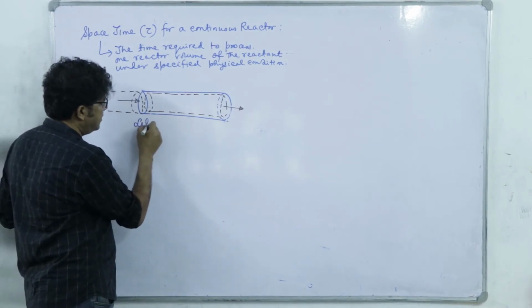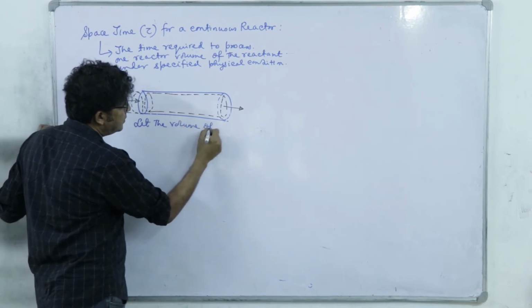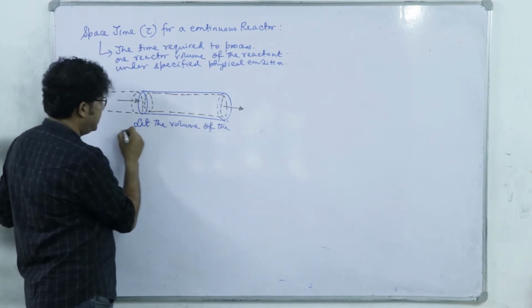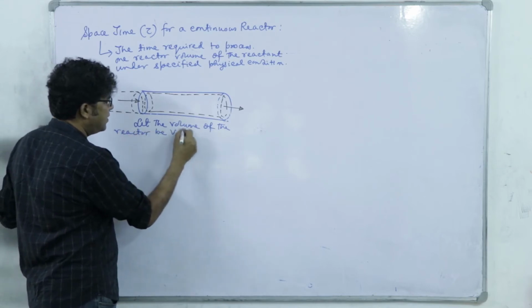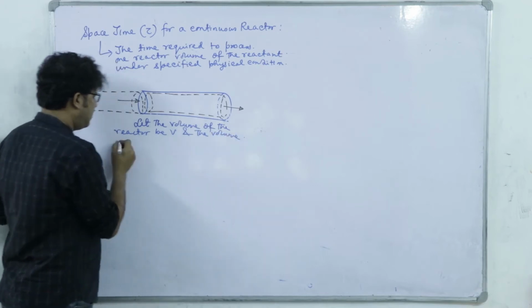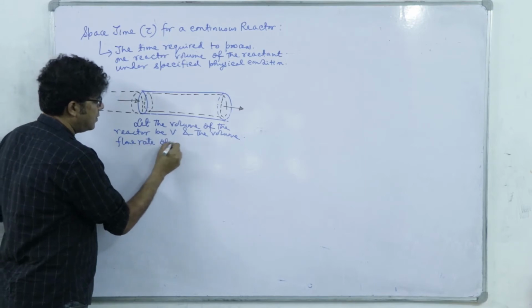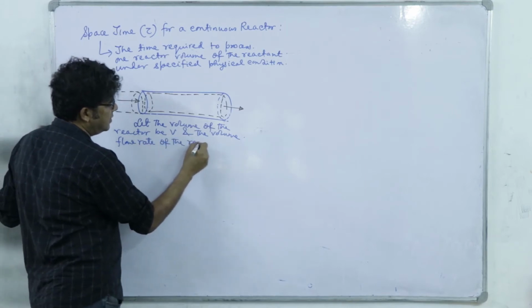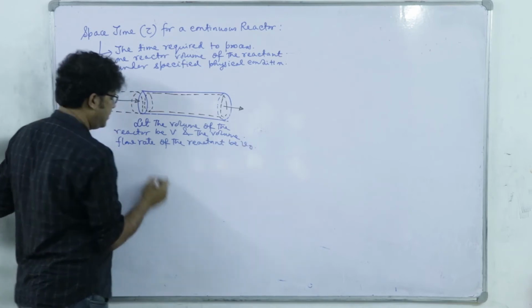So, let the volume of the reactor be V and the volume flow rate of the reactant be V naught.